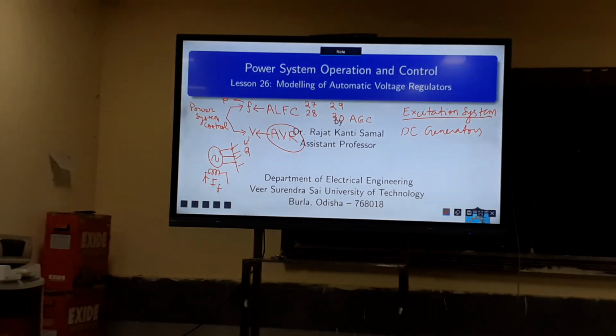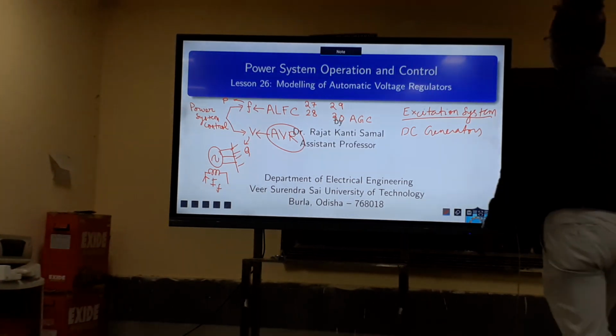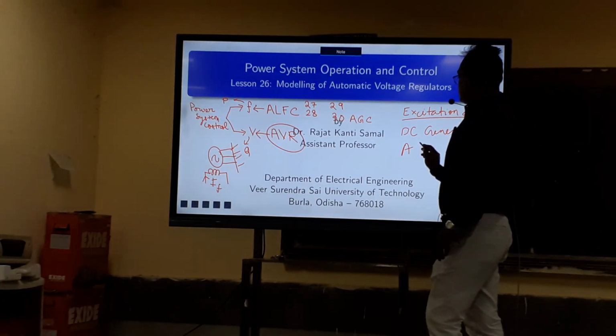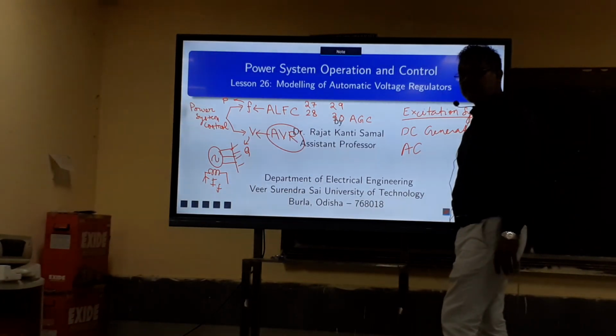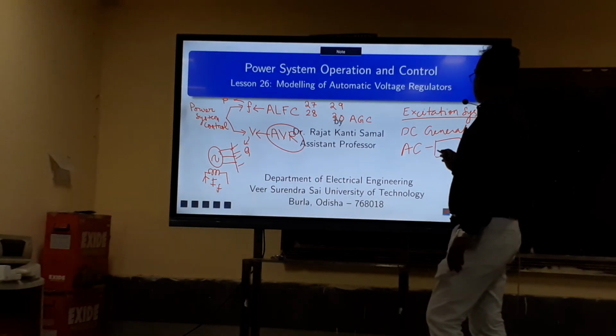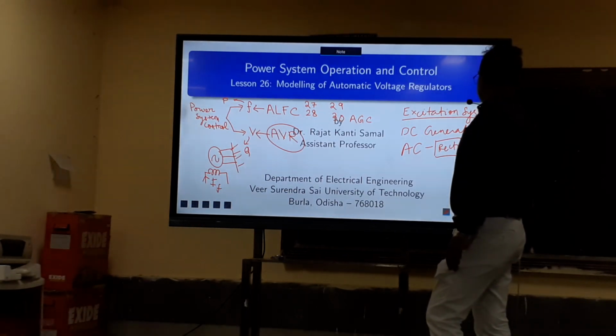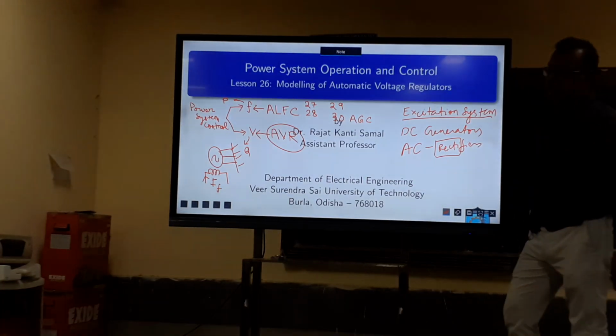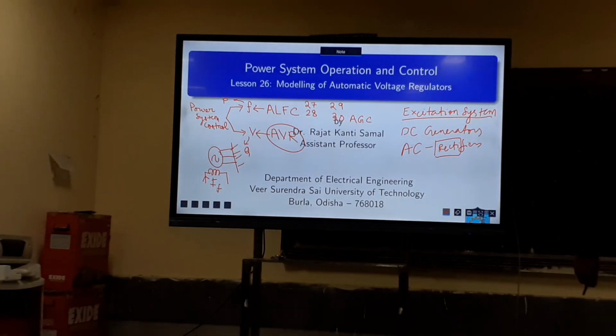So next came AC excitation systems. But then we need DC, so these use rectifiers. Right? So they must use rectifiers.